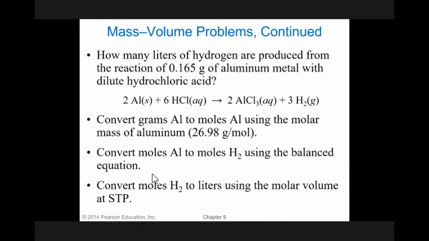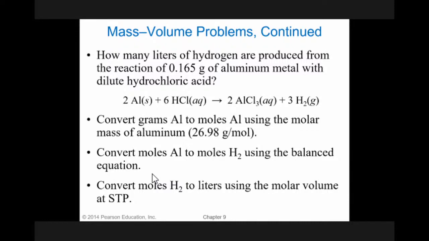Convert grams of Al to moles. So we'll go to moles first, using the molar mass of aluminum. Go to the periodic table. The molar mass becomes a what? Unit factor. It's a very good unit factor. Look at the periodic table, we see aluminum at 26.98 grams per mole. All right.